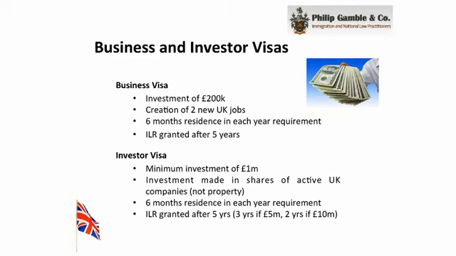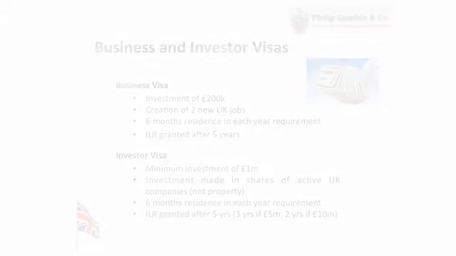And where that person making the investment can show that they've increased net employment in the UK through that company by 2 persons, indefinite leave can be granted at the end of a 5-year period. So those that want to come to the UK to invest in business here or start a new business here can acquire indefinite leave after a 5-year period, provided that that particular enterprise has given rise to employment of additional 2 UK citizens.